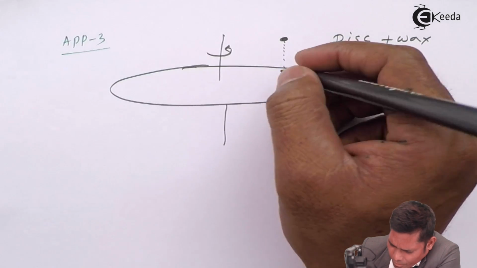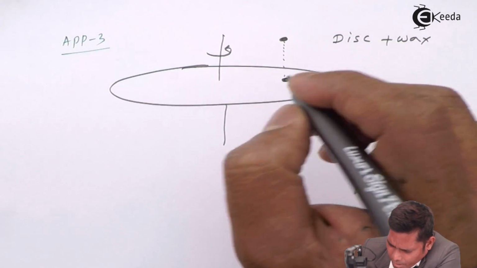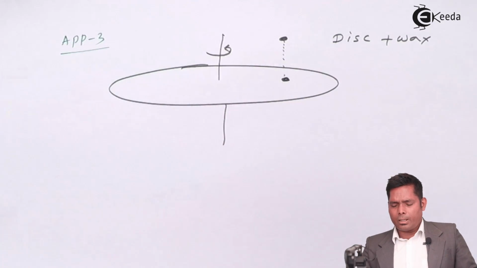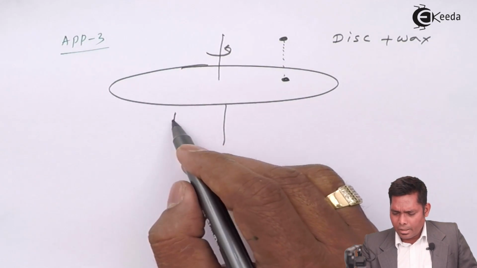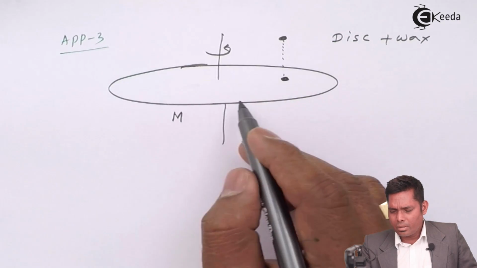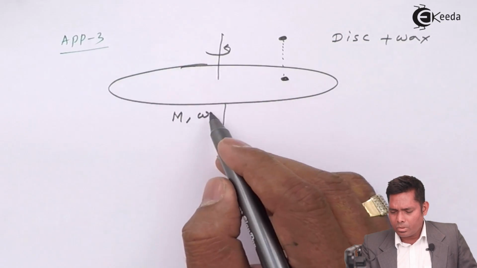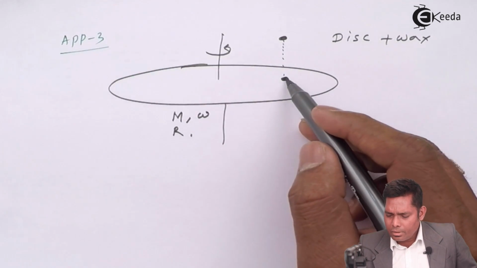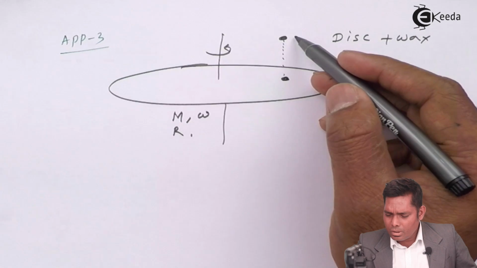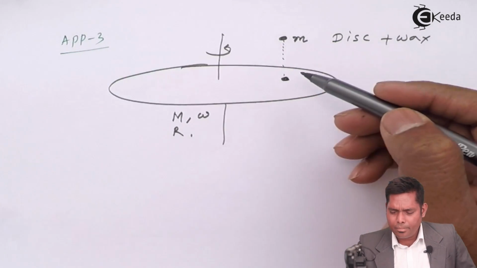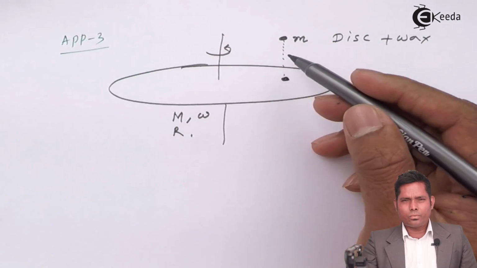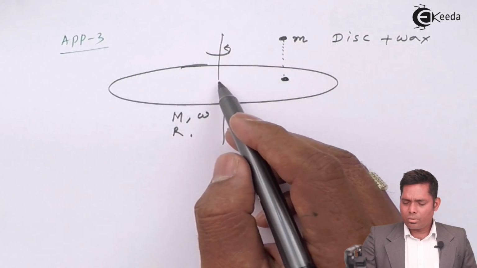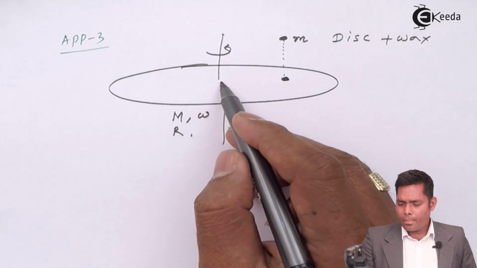Now in this situation I can apply again conservation of angular momentum. I will consider that m is the mass of the disk, which is rotating with angular velocity omega and radius is r. And this small mass m falls down, gently placed here, so there is no torque due to that.